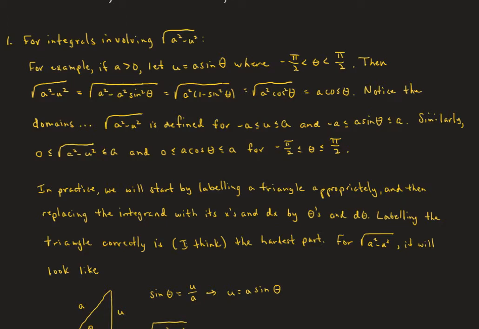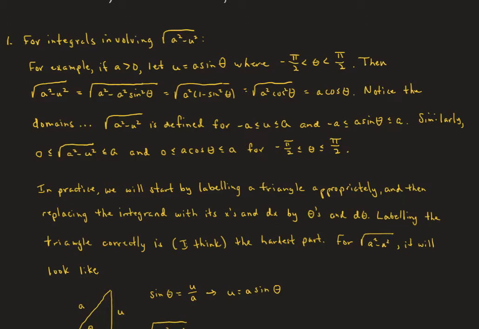So we've replaced that u by the a sine theta. That's our substitution here. If we factor out the a squared, then we're left with a 1 minus sine squared that we can trade in for a cosine squared. And then we can say the square root of a squared cosine squared is a cosine theta.